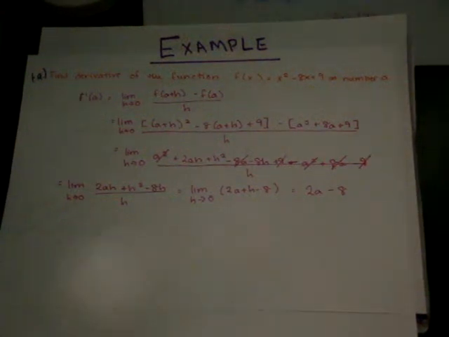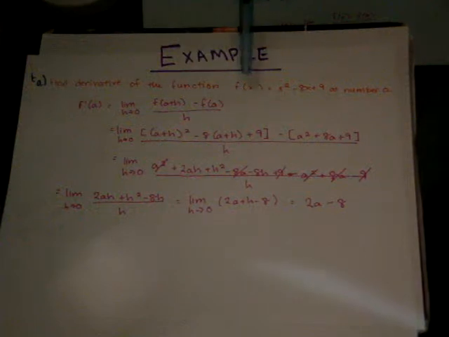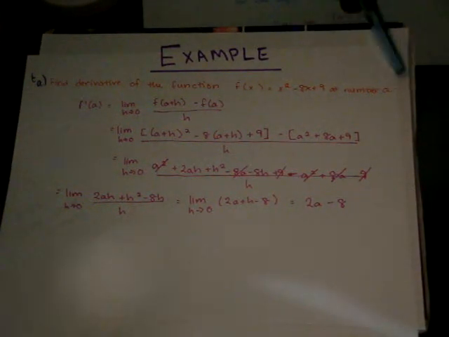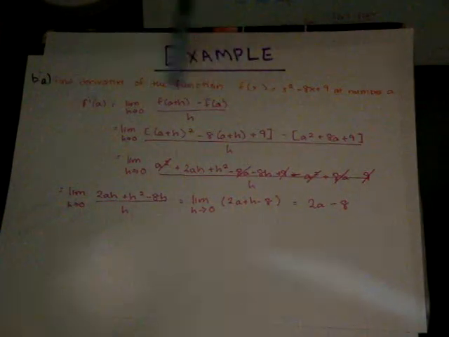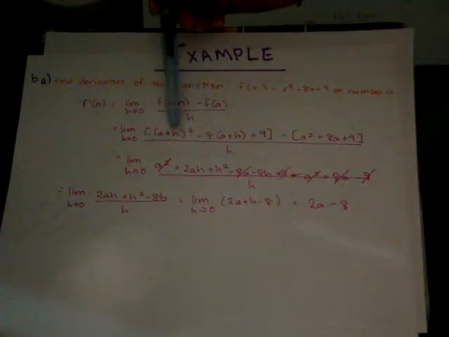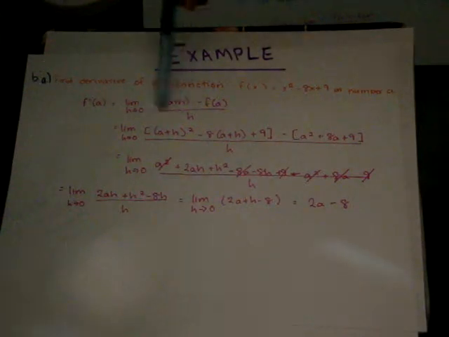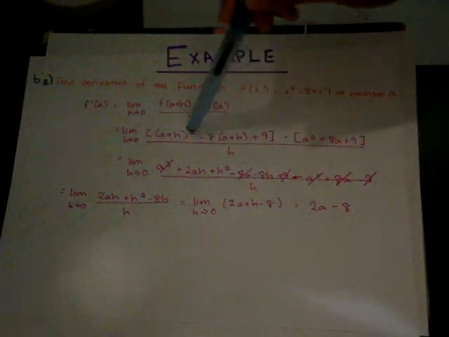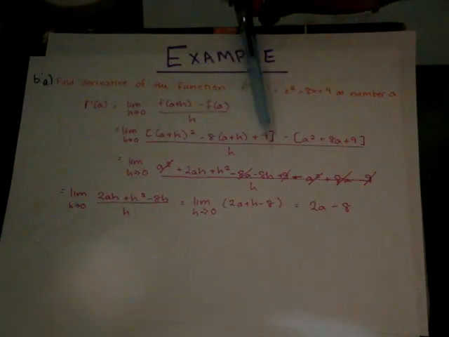So we're going to do an example problem. Find the derivative of the function f of x equals x squared minus 8x plus 9 at number a. You have your derivative formula, the limit, and so you can put a plus h in place of x for the first part. So you just square it and then multiply by negative 8 plus 9.